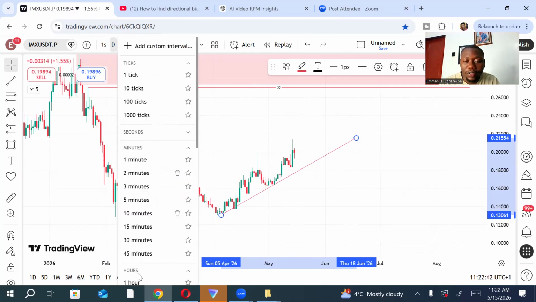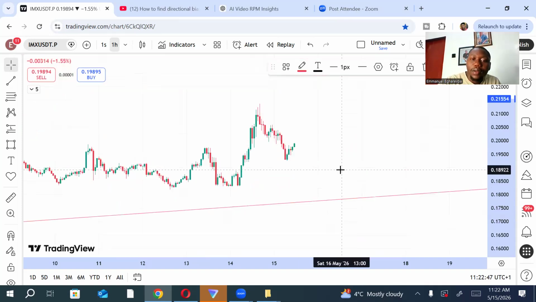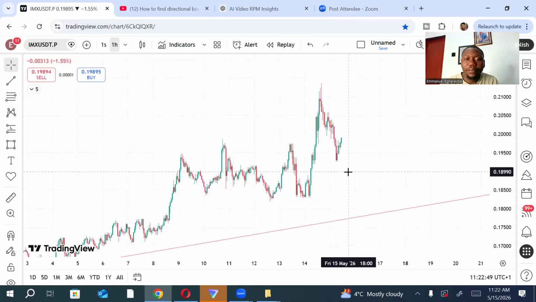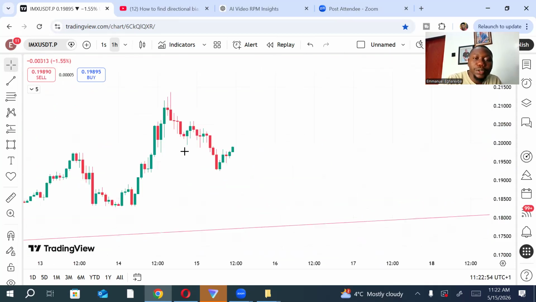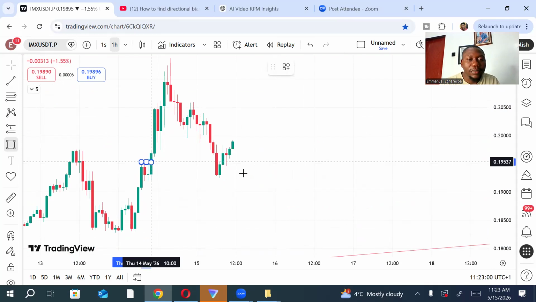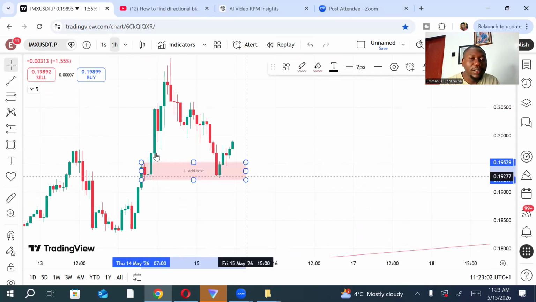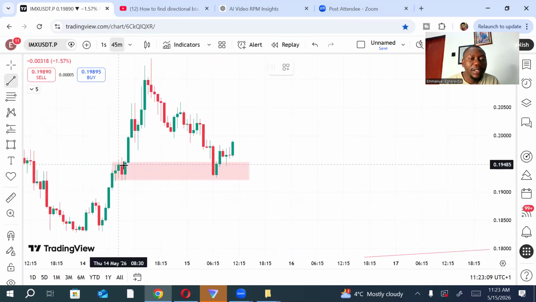Let's go to 1 hour straight and see if there is any possibility of a bullish move, a bullish intent from here. I can see that there's something here. It looks interesting. Let me go to 30 minutes or 45. I should be able to see a good entry from here.